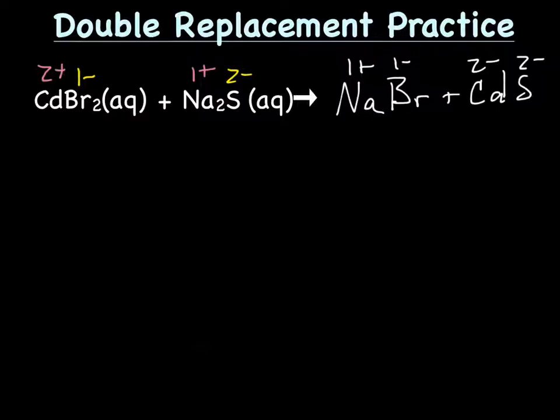Now we check the charges. We know these are all good, so we can get rid of that. Sodium and bromine are neutral, and cadmium and sulfide are neutral.